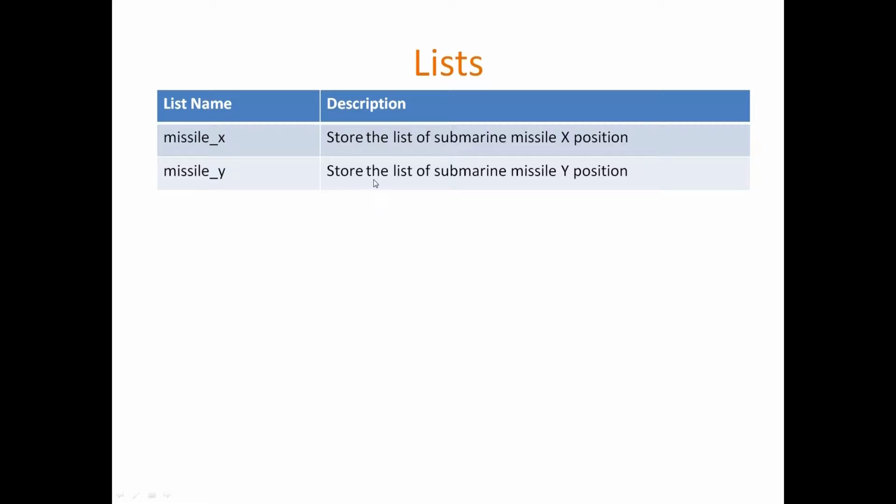It is used when the missile is being launched from the submarine. This list will contain the position of where the submarine is, so that we can create the missile at the originating position of the submarine. And we will cover this as we go along.